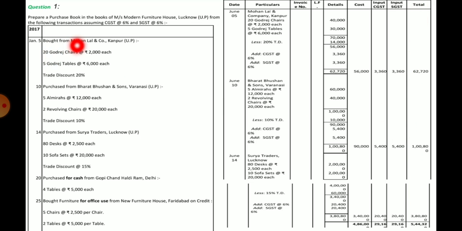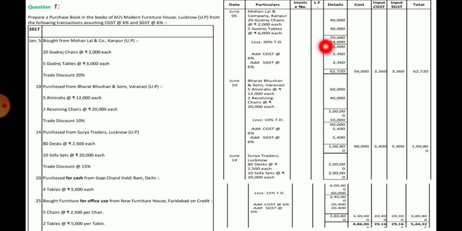Bought from Mohanlal Company 20 Godrej chairs at 2,000 each, and 5 Godrej tables at 6,000 each. Trade discount is also given, so we record 20 into 2,000, that will be 40,000, and 5 into 6,000, that is 30,000, and less 20% trade discount.